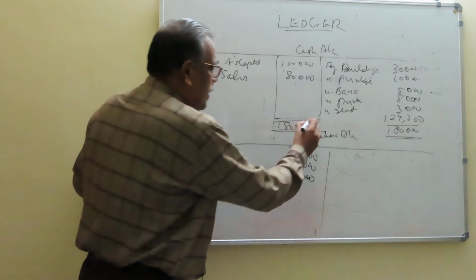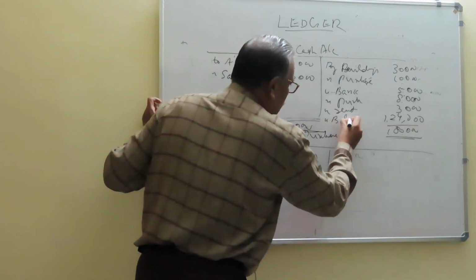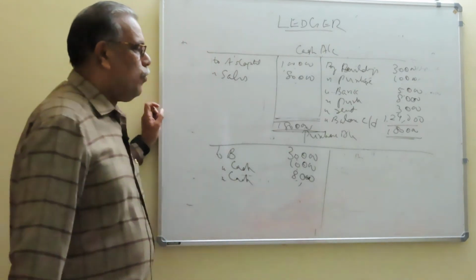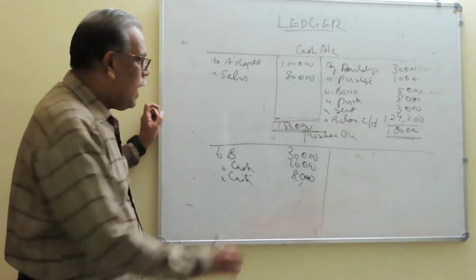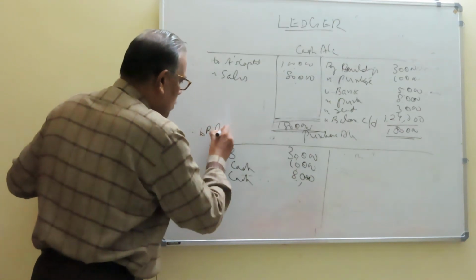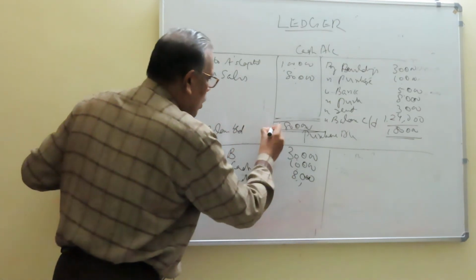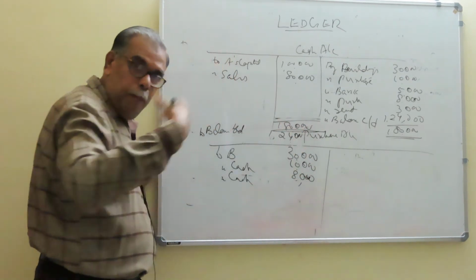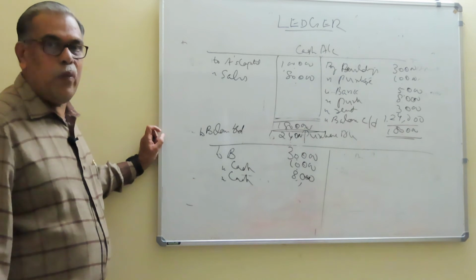This is the balance at the end of the year. So we will write balance carried down, C bar D, ₹1,24,000. And in the next accounting year, at the beginning, we will write to balance brought down ₹1,24,000. This is the opening balance of the next accounting year.